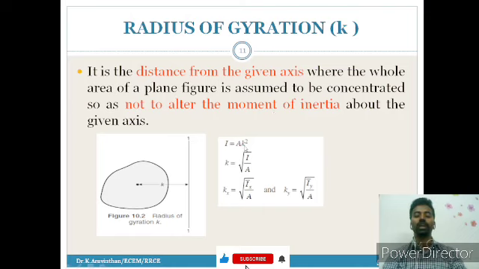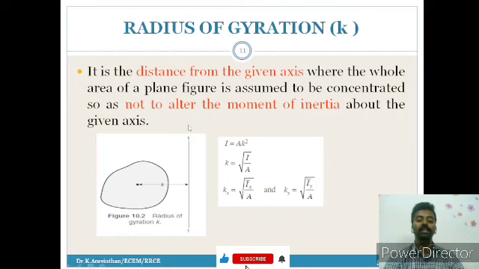If you want k square, you take A out of this equation, that is I by A, then k square will be there. If you want k, the square moves out of the equation and it becomes a root. If you need kx, you substitute Ix, and if you need ky, you substitute Iy, root of Iy by A. This is the formula to find radius of gyration.